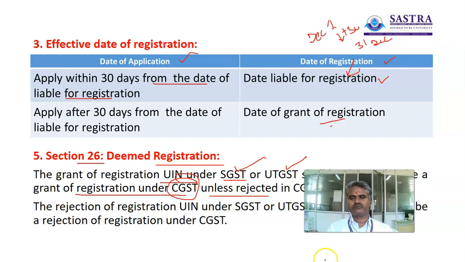Okay. The rejection of registration under SGST or UTGST shall be deemed to be rejection of registration under CGST. When they reject your application in CGST, it is automatically implied that SGST and UTGST are also rejected.